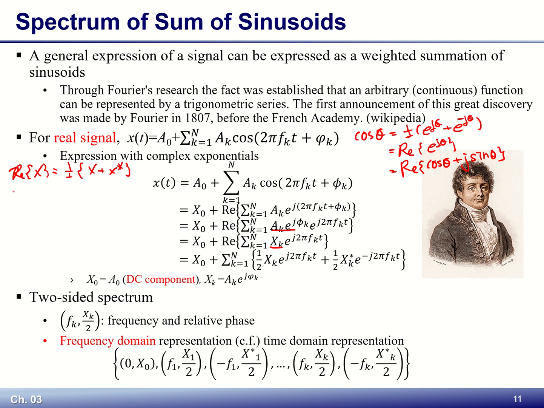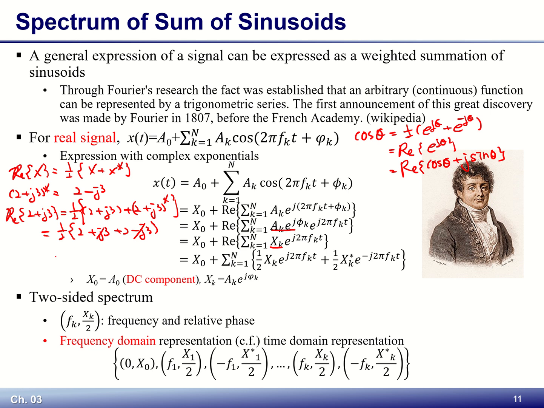So, for example, the conjugate of 2 plus j3 is 2 minus j3. The real part of 2 plus j3 is a half of (2 plus j3 plus its conjugate), then a half of (2 plus j3 plus 2 minus j3). So 2.